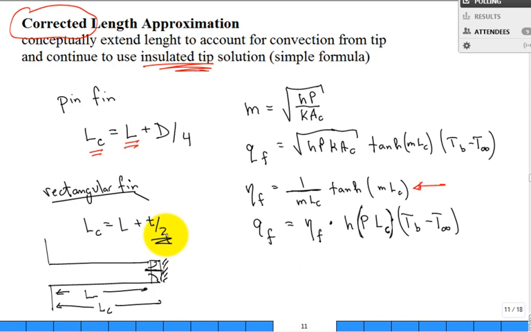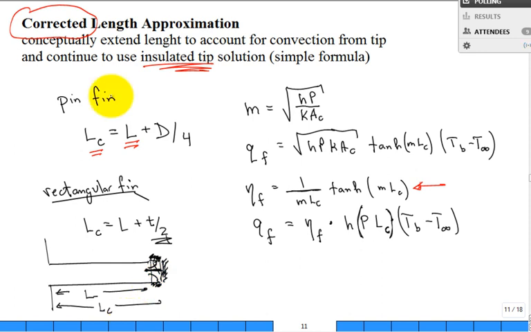The thickness cut in half, t over 2. Hopefully that makes sense to you. Think about cutting it and then flipping it up and then have it truly insulated. So you're allowing a little extra convection off of this little extra length.